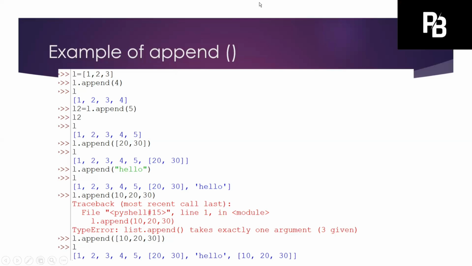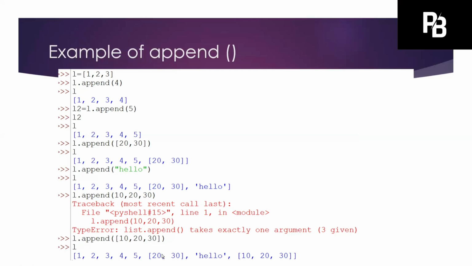You may say, ma'am, there are two arguments here, but this is not two arguments. This is one list, considered as one. But here you are giving three elements. If you store these three elements in square brackets, or in parentheses as a tuple, then it works. But normally it does not work because the append method always accepts only one argument.